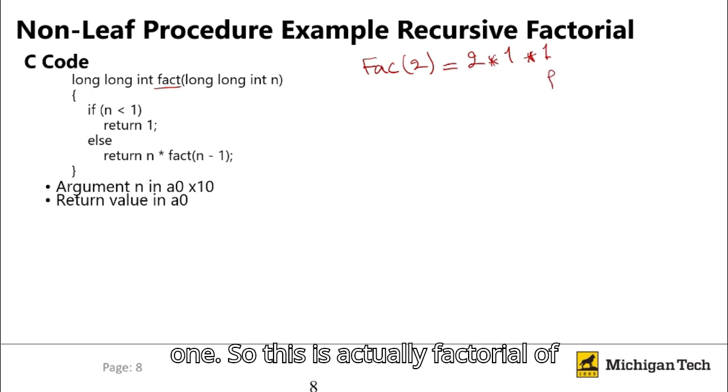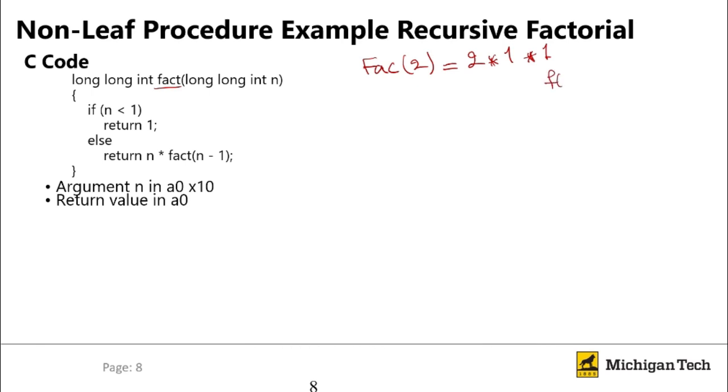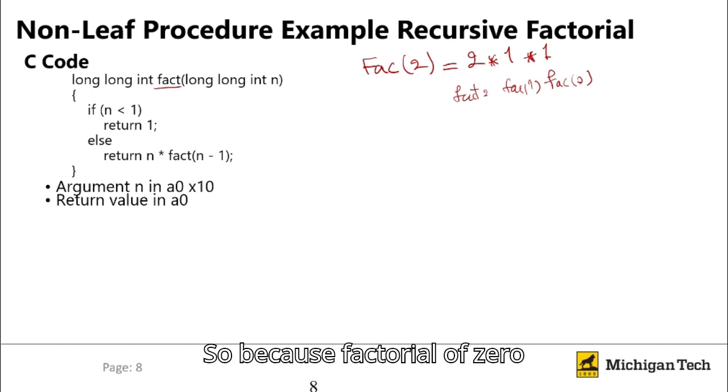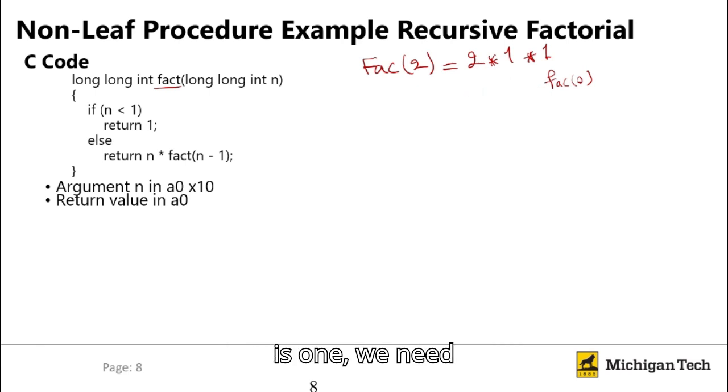So this is actually factorial of 0, factorial of 1, factorial of 2. Because factorial of 0 is 1, we need to consider that factorial of 0 is 1.